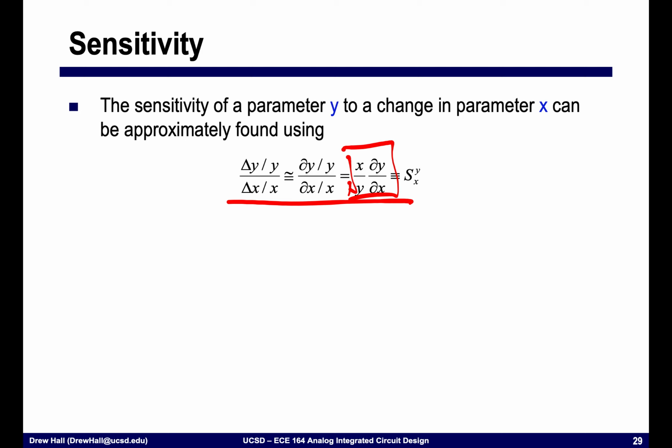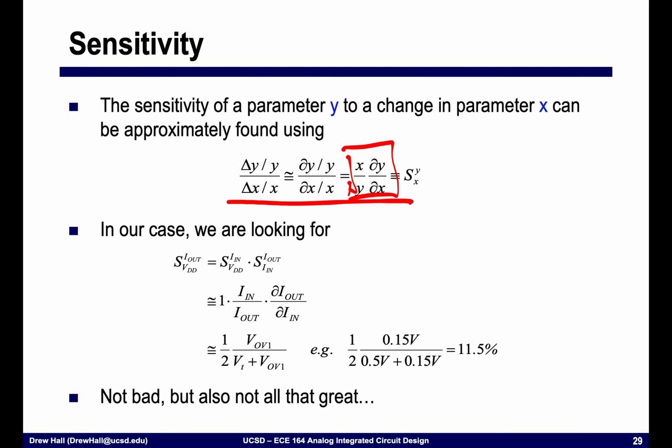Okay? And so in our particular example, we're looking for the sensitivity in I out with changes of VDD. And so I'm going to break this up into two simpler transfer functions and multiply them together. That is, how much does the input current vary with VDD? And how much does the output current vary with respect to the input current?